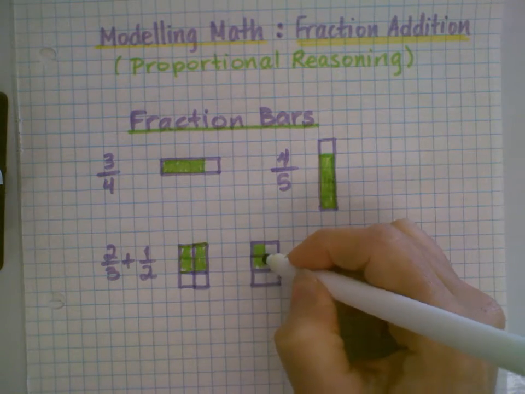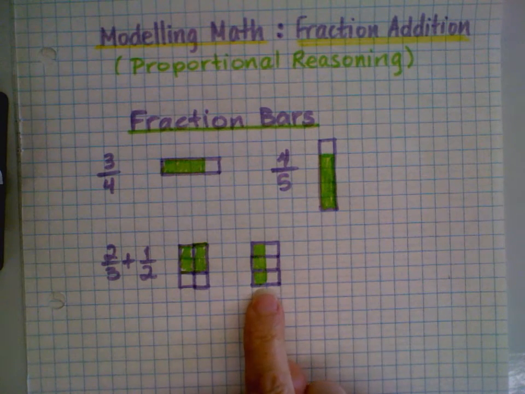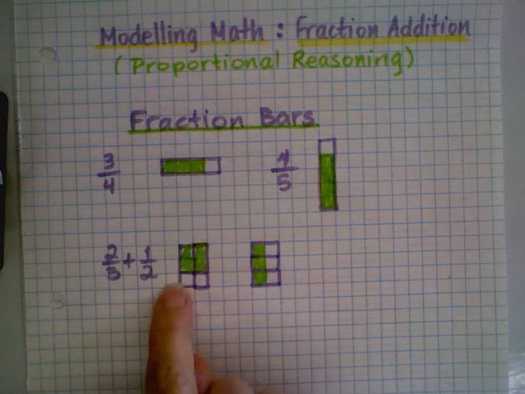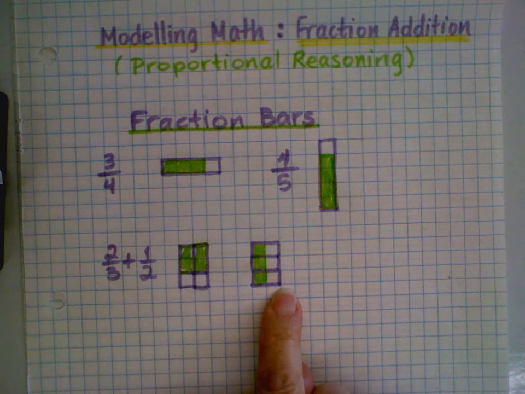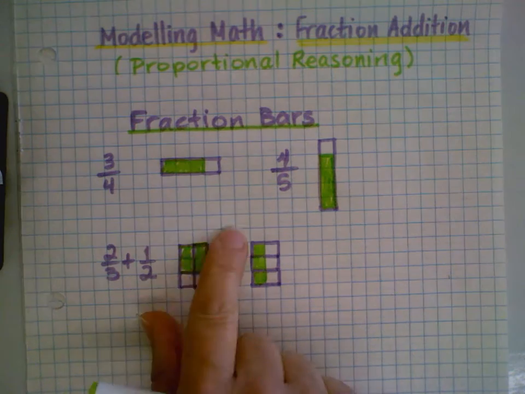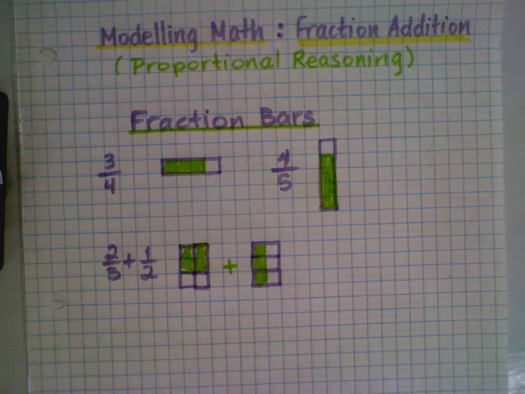So again, copy. So this second model now represents half, and half of it's been shaded. But now the total rectangle that encloses each of those models is the same size. It has the same dimensions as 2×3. So now I can add those together.